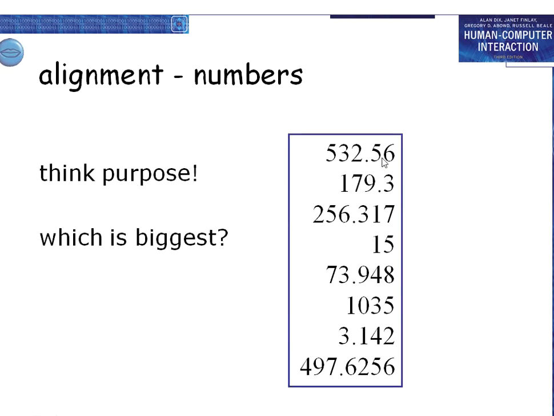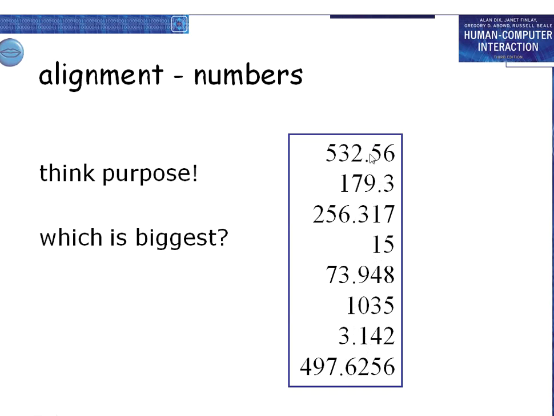And also align numbers. If we have decimal numbers, it should be easy for us to recognize which is the biggest number here. Actually, it's not easy to recognize. Why? Because of the weight of the decimal number; it's a different purpose.